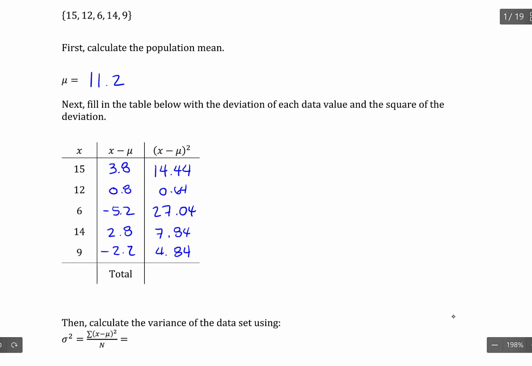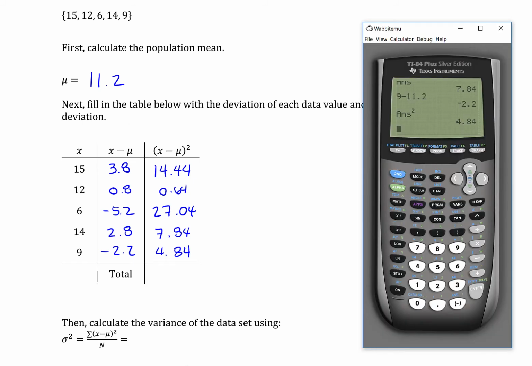Okay, now the reason for this squaring business. Essentially what we're trying to do with the standard deviation is come up with something that is similar to the average distance of each data item from the mean. So we're getting all the distances of each data item from the mean, but there's a problem.